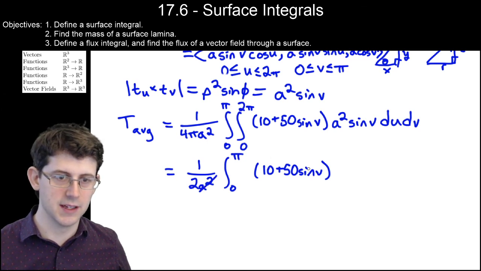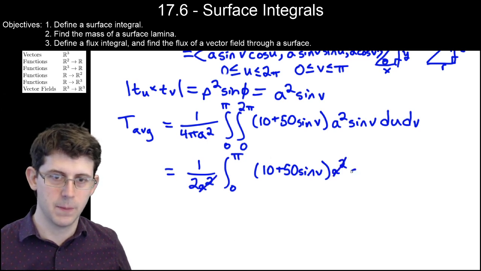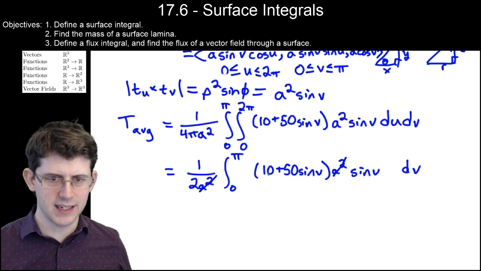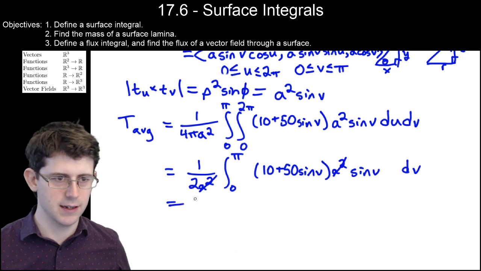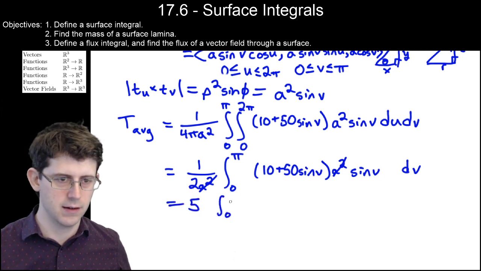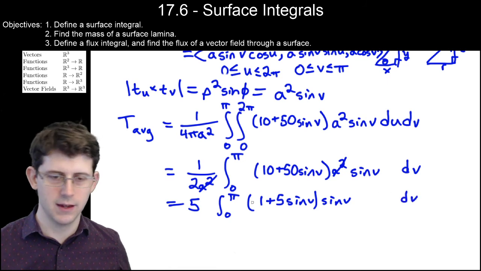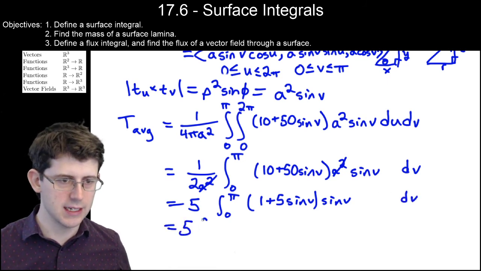Let's cancel it with this a squared. And then I guess I can just factor out a 10 here. So I'll have 1 plus 5 sine v dv. Okay, so this will split into 2 pieces.